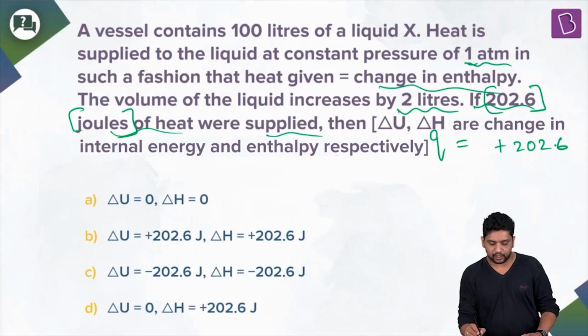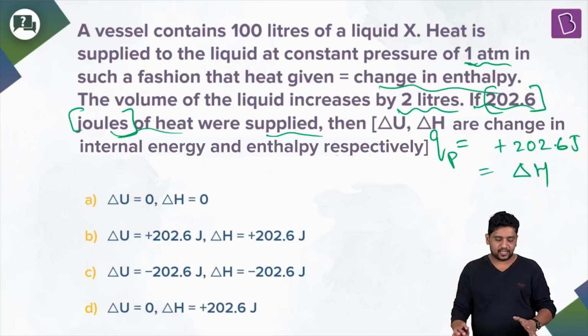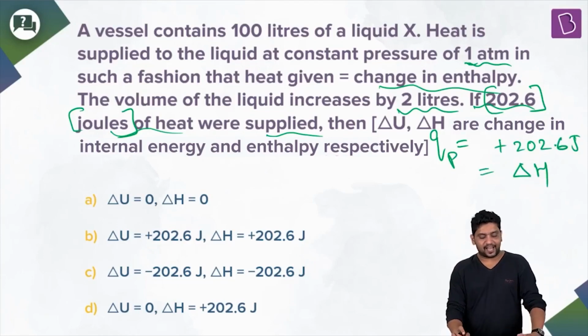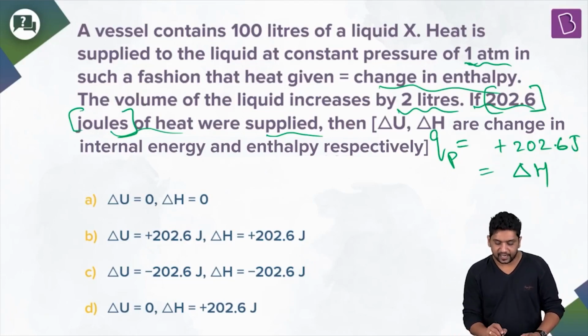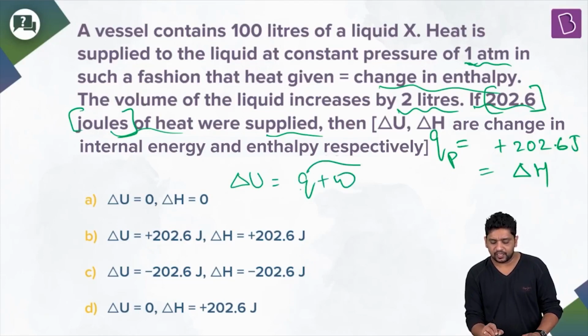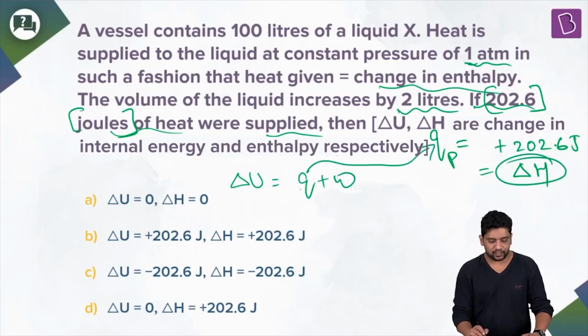Now what do you know about heat under constant pressure? This is supposed to be equal to delta H. So delta H is already known to us as 202.6 joules. Now we need to speak about delta U. Delta U is supposed to be equal to Q plus W. Q is already known to us.